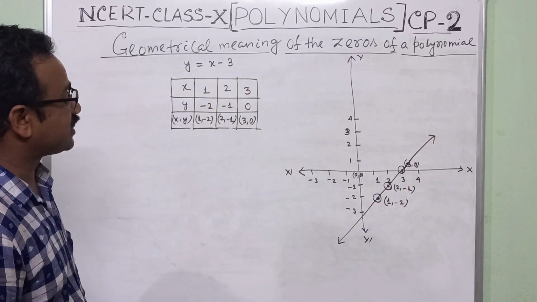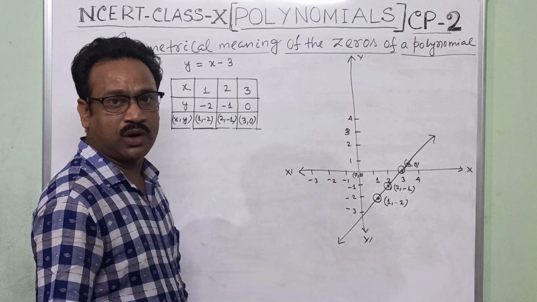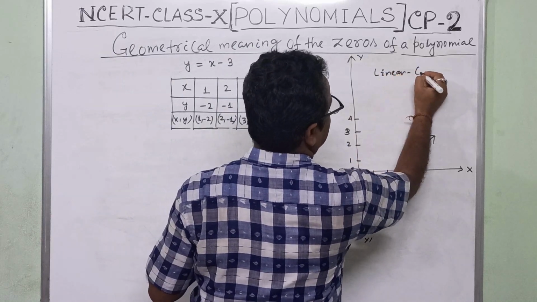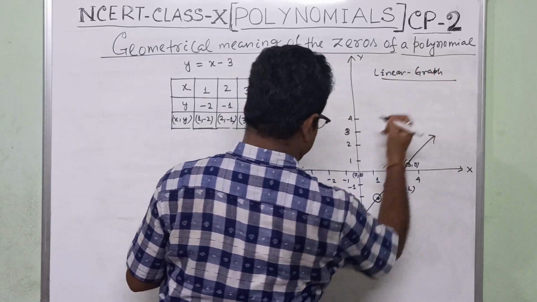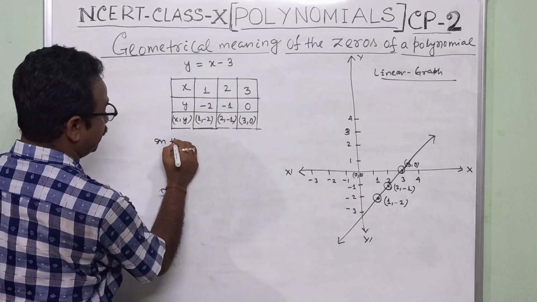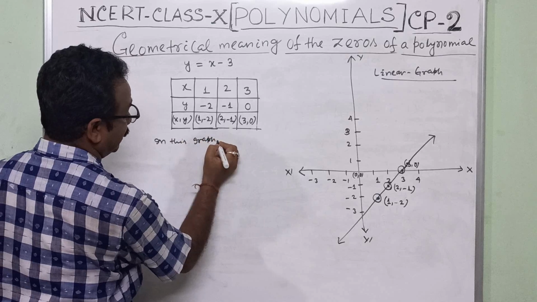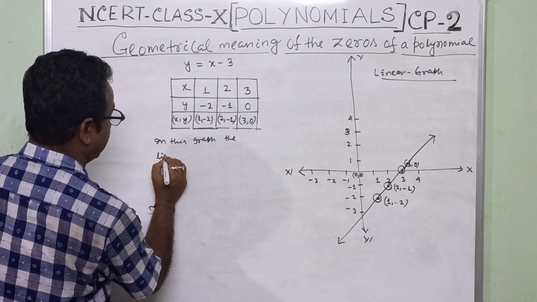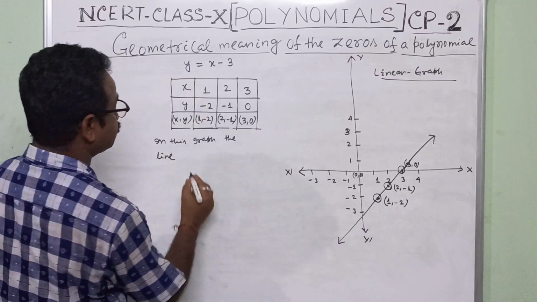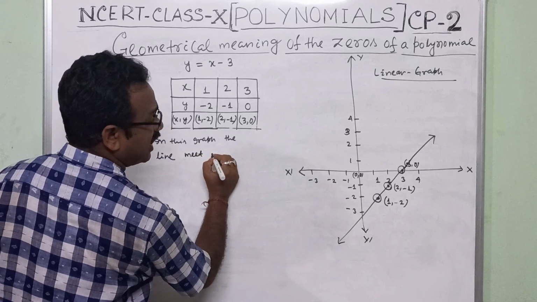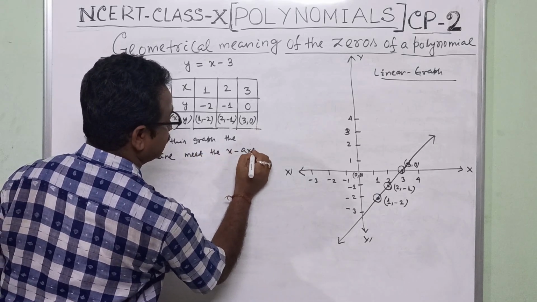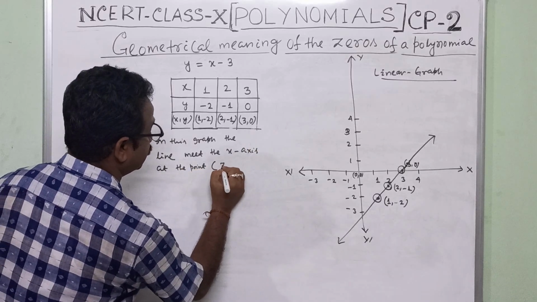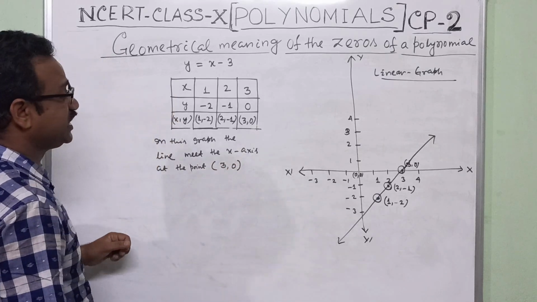Okay. Now this is the linear graph. This graph we already know, we did it in the junior classes. Here in this graph, the line meets the x-axis at the point (3, 0).